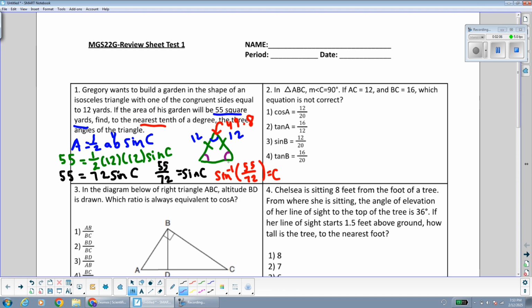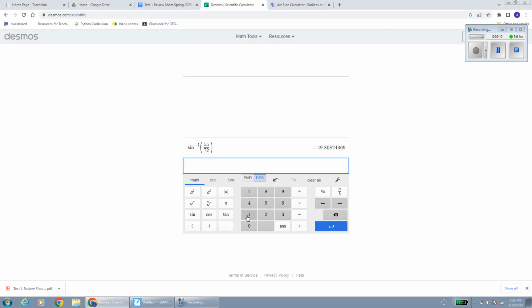So if I go back to my calculator and I do 180 degrees, because all triangles make 180 degrees, minus the 49.8 that we got before, and then I divide that answer, I divide the 130.2 by 2. Oops.